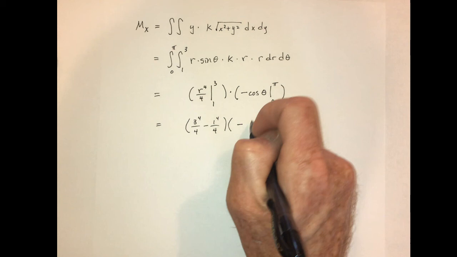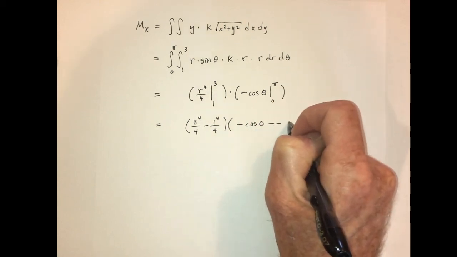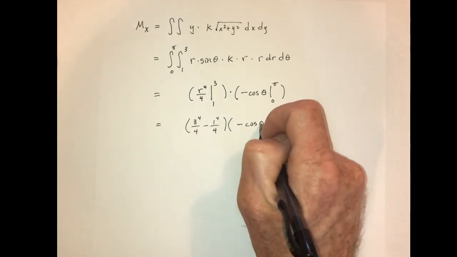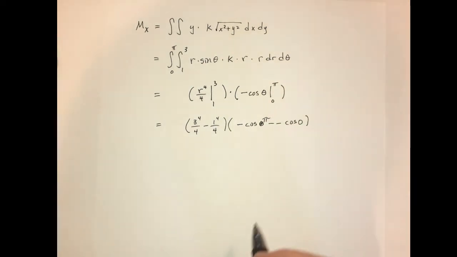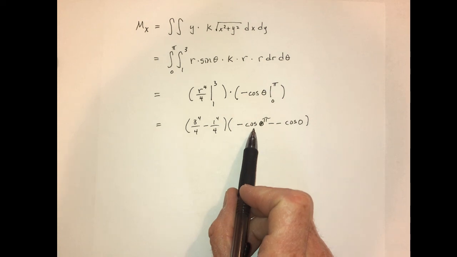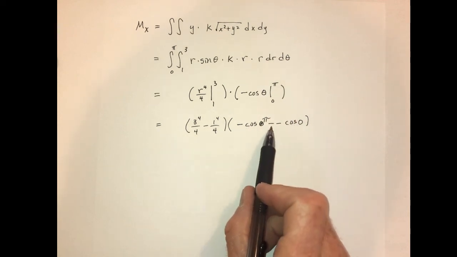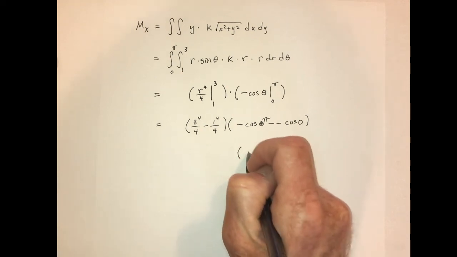And then negative cosine of 0 minus negative cosine, oh no, I switched them. Sorry, pi, and then cosine of 0. So this cosine of pi is negative 1. Together with that negative, we now have positive 1. Cosine of 0 is positive 1, and because of these two negatives, it's going to be a positive 1, and a positive 1 makes a positive 2.